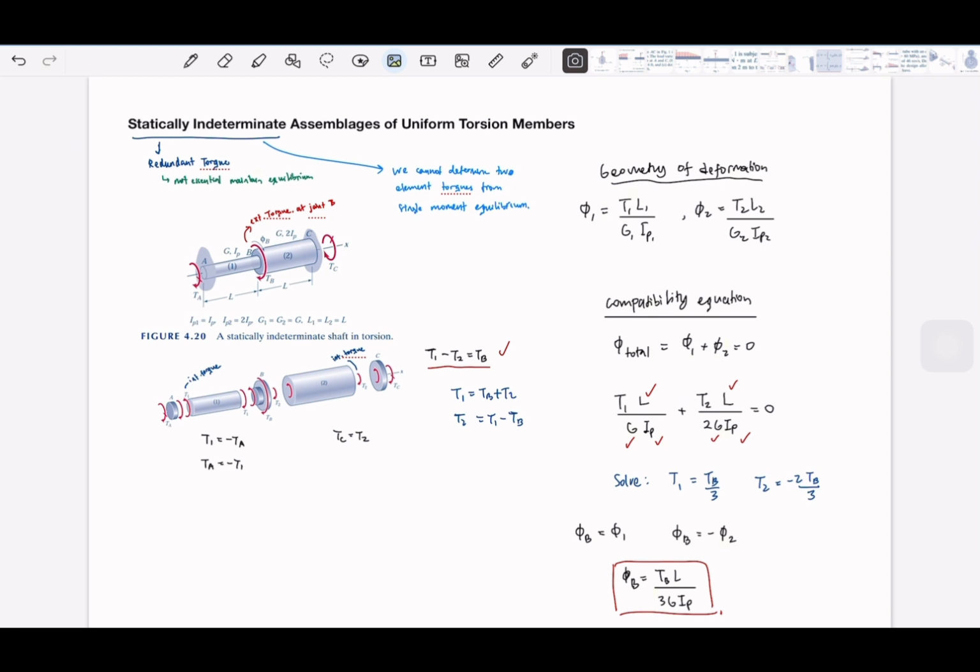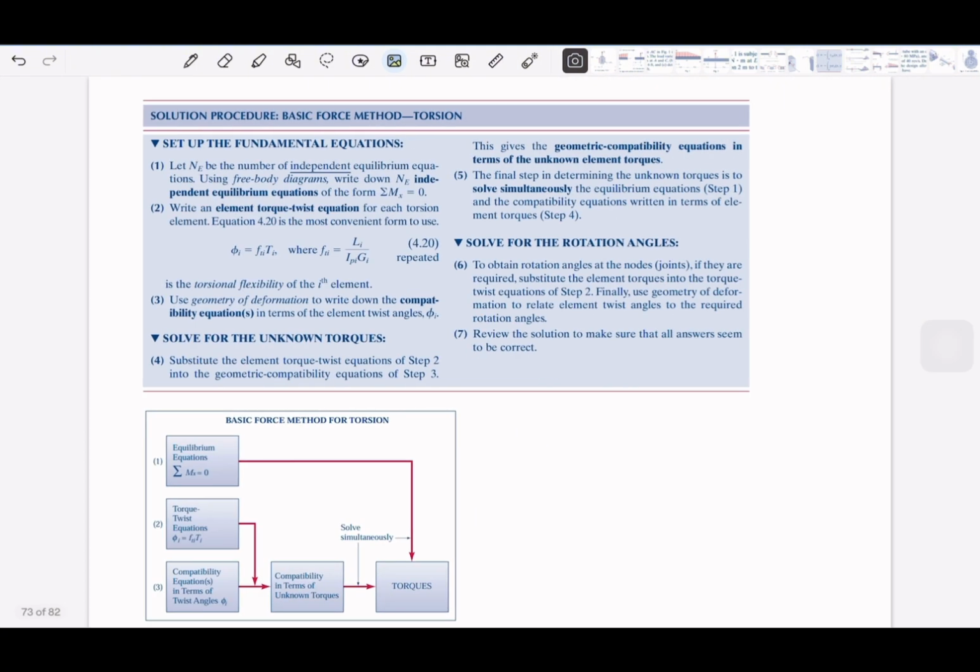So last time we had the introduction to the statically indeterminate torsion, and basically it will be a very similar approach for the torsion and axial deformation. They are going to be very similar. So if we look at this basic force method, this is also similar.